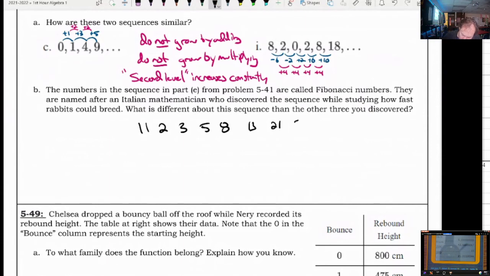There we go. What is different about this sequence than every other one you've discovered is that it doesn't have any consistent growth pattern going on, other than the fact that it grows by adding 2 previous numbers together.